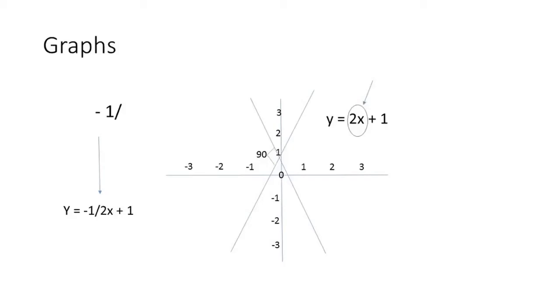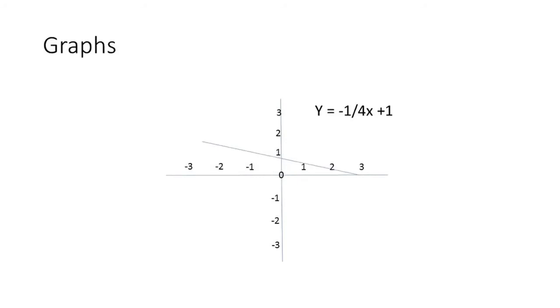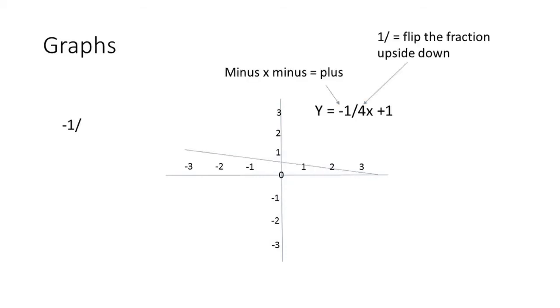And as you can see, I've marked the 90-degree angle on, which shows you that it is perpendicular, so you've got the right equation. And this is again the same no matter what the equation is, including if there's already a minus or a fraction in the equation, you can still work with that. So in this case we have y equals minus a quarter x plus 1, and again we're going to times it by minus 1 over your number, which in this case is minus a quarter.